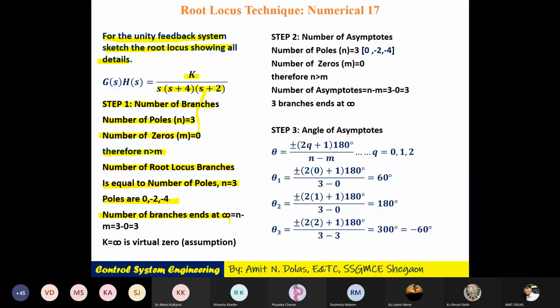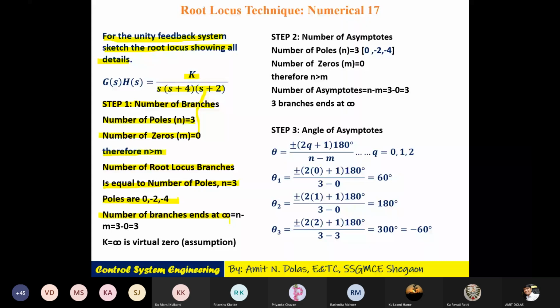So you can see 3 poles: 0, then minus 2, and then minus 4. 3 asymptotes here. Angles are minus 60, plus 60 and 180. And one more thing, intersection with the imaginary axis is somewhere here, plus 2 under root 2.